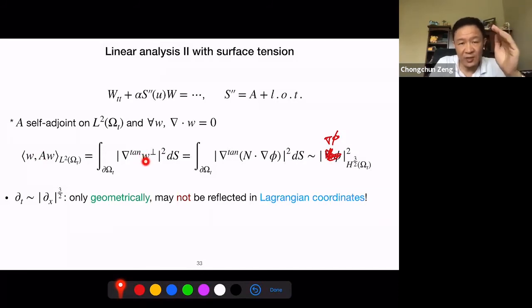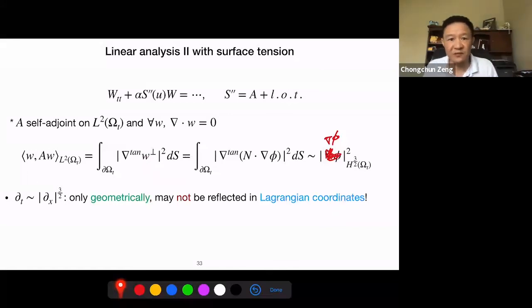So it's only related to some geometric regularity, not the regularity of the parameterization. So this improvement of the regularity is only geometric. It does not improve the regularity of the Lagrangian coordinate. So the Lagrangian coordinate is not expected to be smoother than the velocity field. You really solve the Lagrangian coordinate map from the velocity field without any additional smoothing.